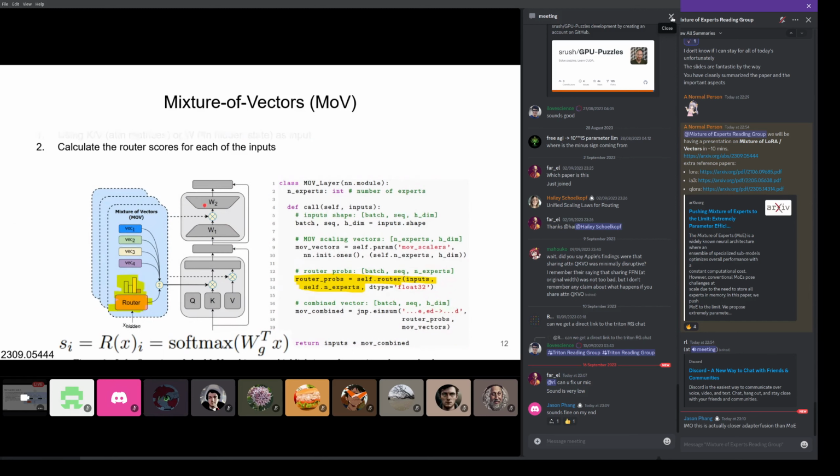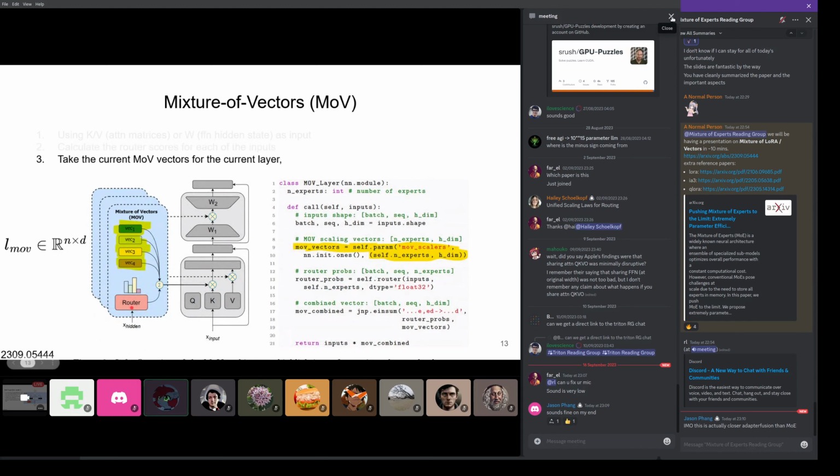Using those inputs, we pass them to a router, which does the usual matrix multiplication and softmax to get a list of probabilities for how much each expert should be involved in the current input given to the model.